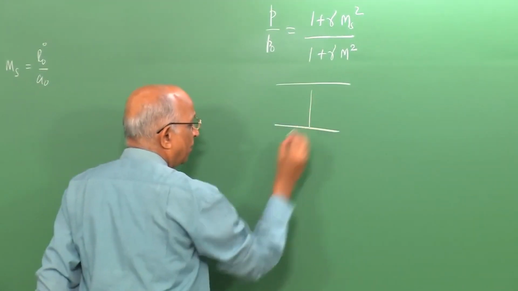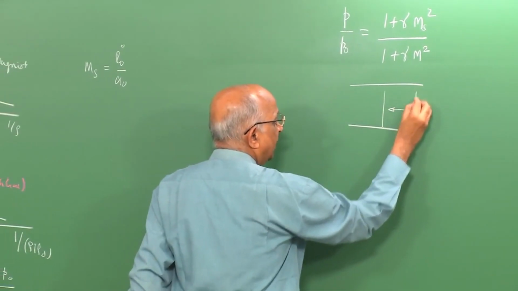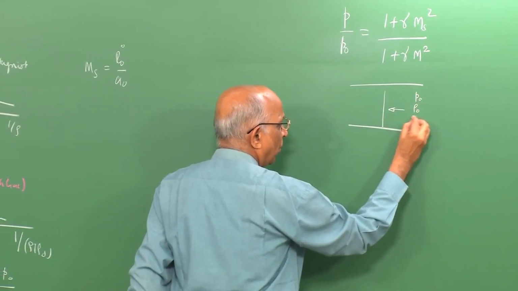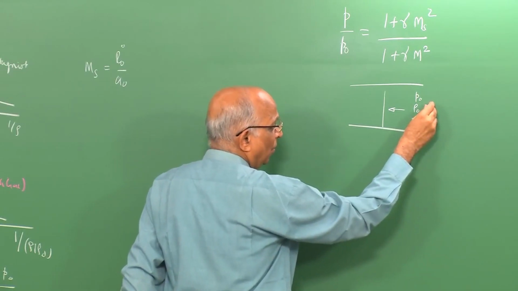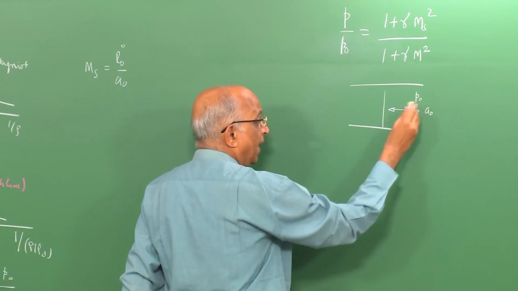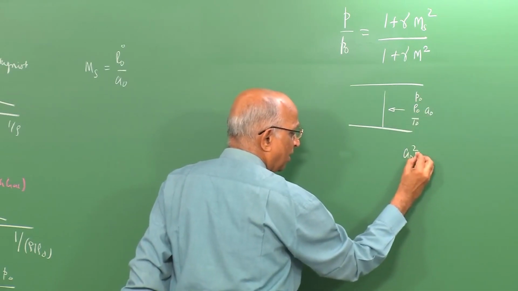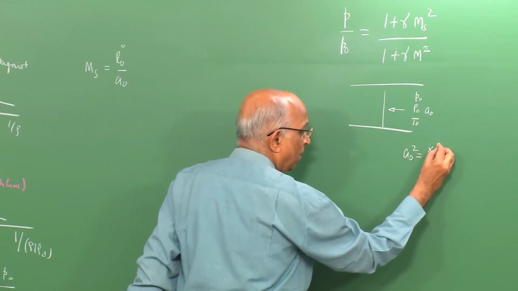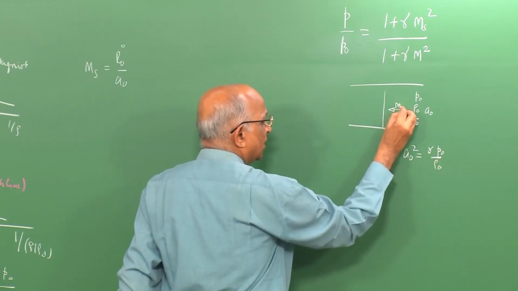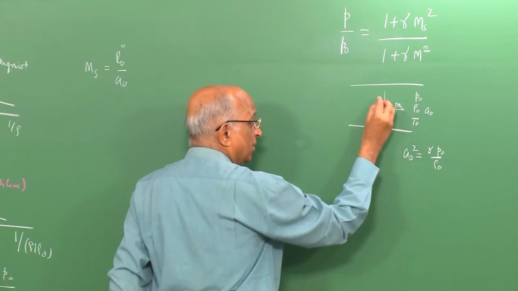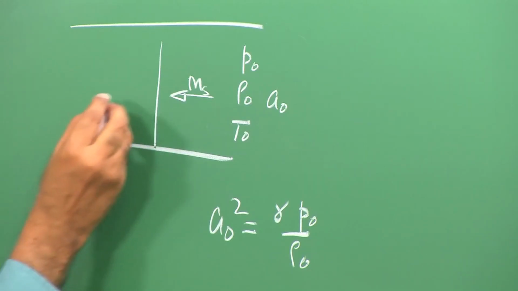Therefore, now we have the problem, the shock stationary, you have the gases upstream at condition P 0, rho 0, T 0, and the value of A 0. Well, A 0 is the sound speed ahead of the shock in the undisturbed medium, which we derived in the first class as equal to root of gamma P 0 by rho 0, and this moves towards the shock at Mach number Ms over here. With the shock stationary, this medium moves at a Mach number Ms over here.